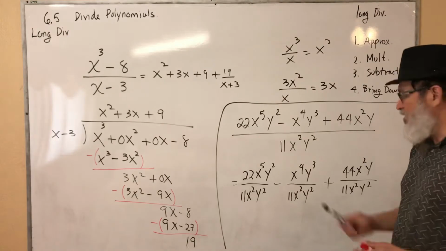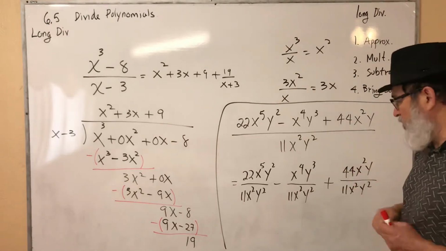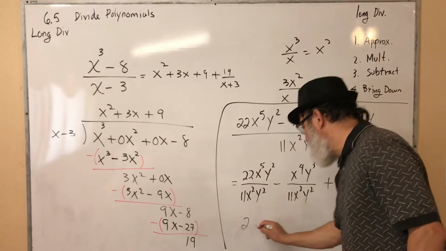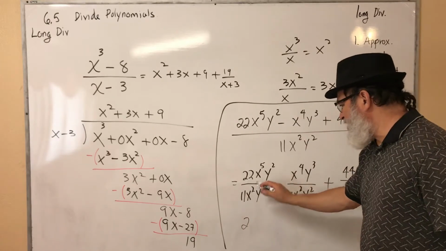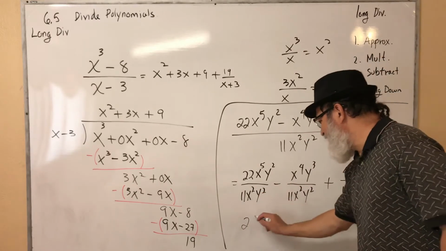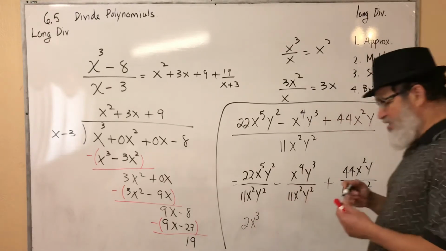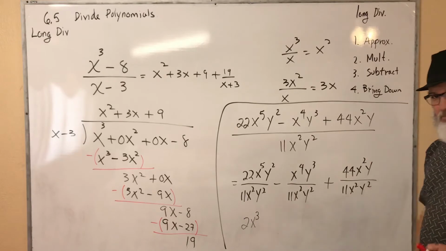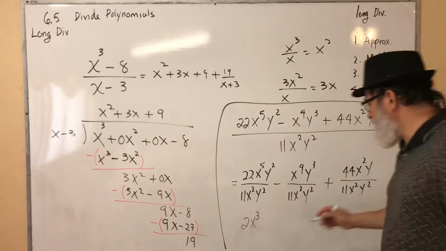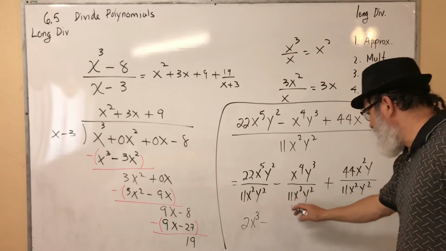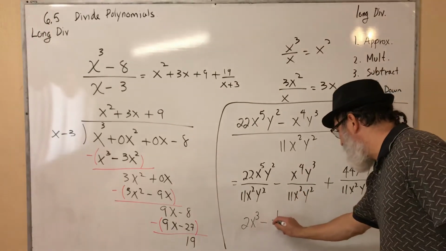So this is the easy case. 11 into 22 twice. x to the 5th divided by x squared is x cubed, and the y squares cancel. Next, minus 11 is there, so this is 1 over 11.